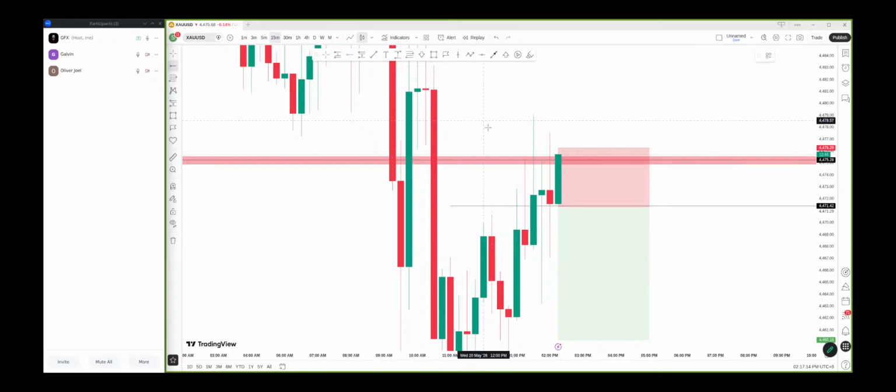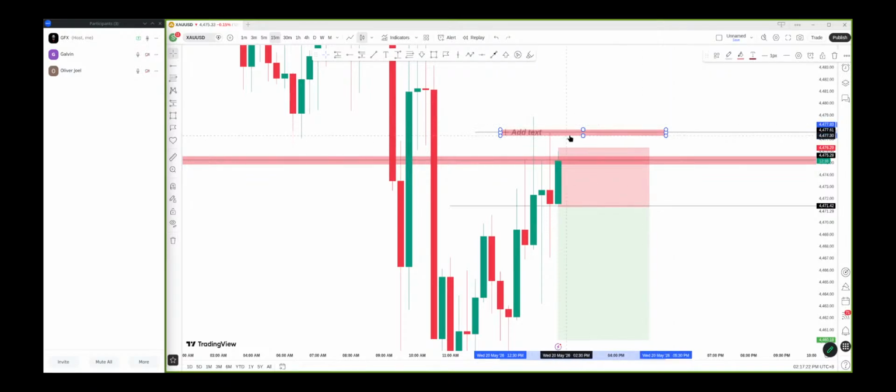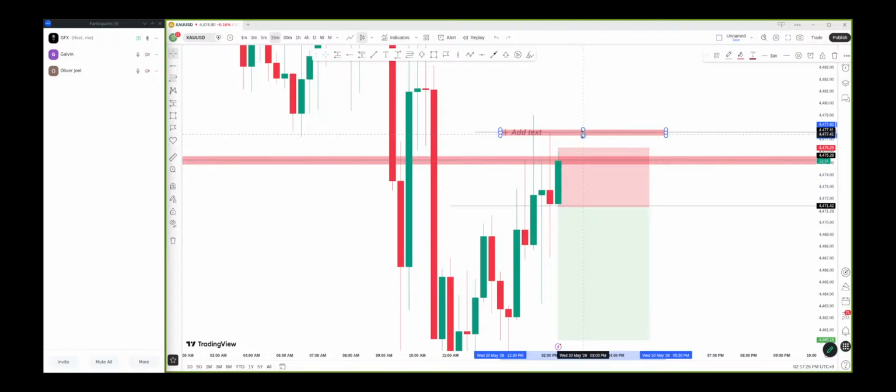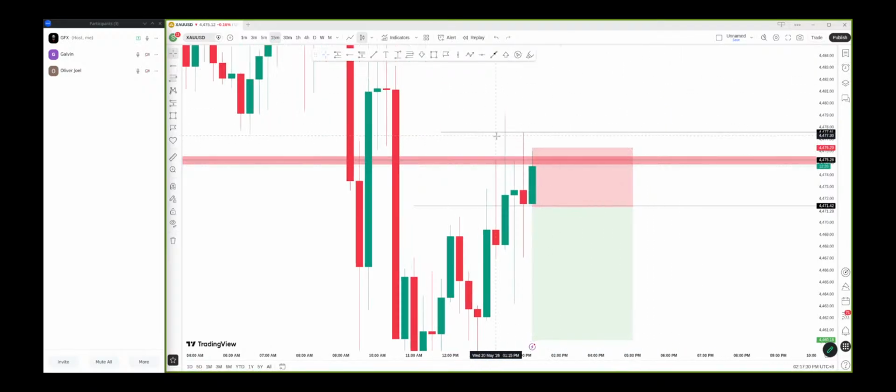But if the candle breaks and closes above this resistance, then I'm not okay with taking the sell. But if we break through and then flip back bearish, still valid. As long as we are below this resistance, we are still bearish. No matter what, we can still take a sell.